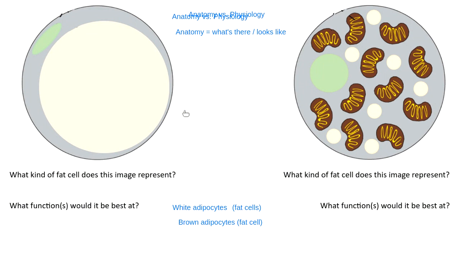So that is anatomy. When I look at them and I see that their appearance looks different, that's just doing anatomy. And remember, we said at the beginning of our semester, what we did in lab was a whole lot of anatomy. We don't do a lot of anatomy in lecture. We do a whole lot of physiology in lecture.